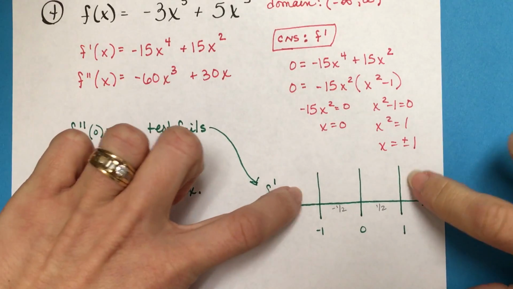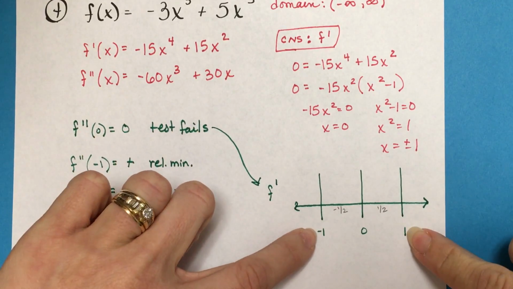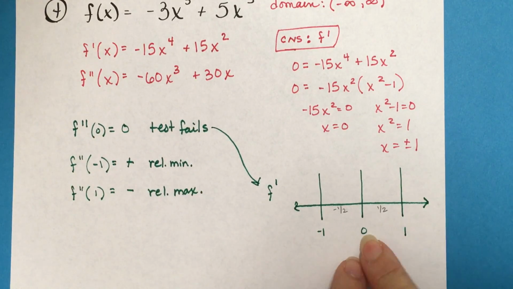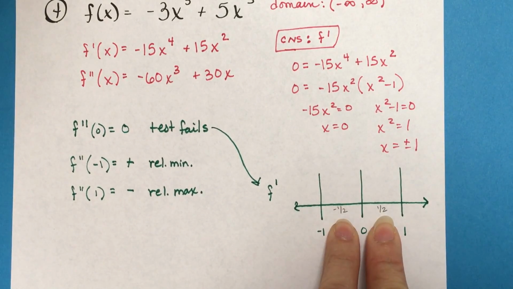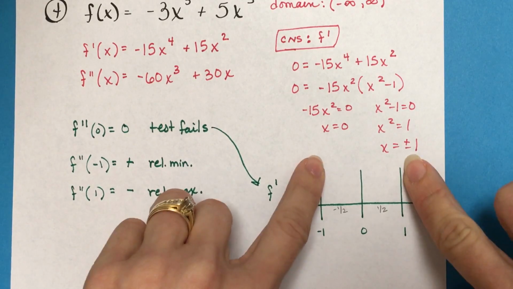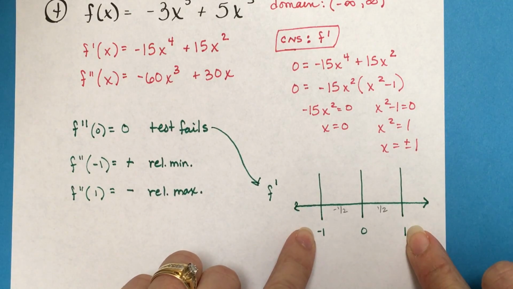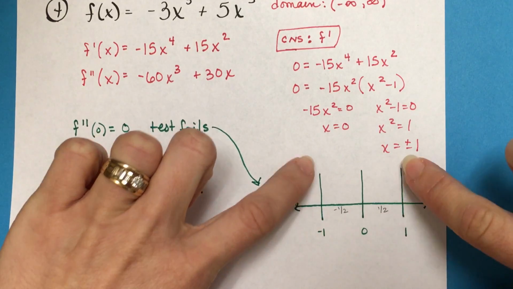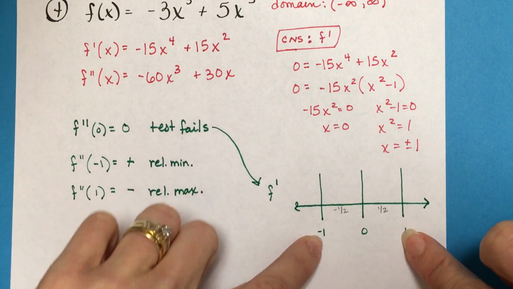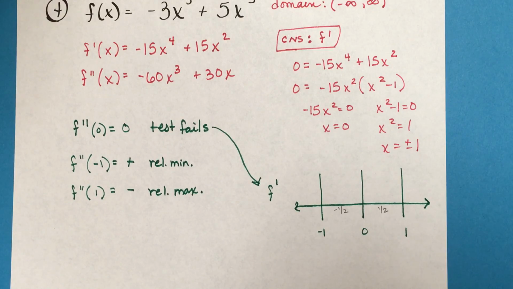I'm not even going to bother testing -1 and +1 because I already know what happens there. I just want to know what happens at 0, so I'm just going to test on either side of 0. I went ahead and put these in here because you have to make sure that you pick a number that's between these two. So if I see those there, I'll make sure that I'm picking a correct number.